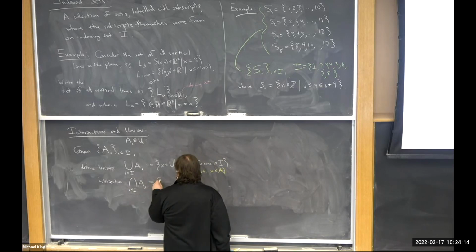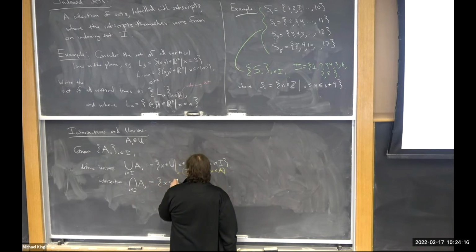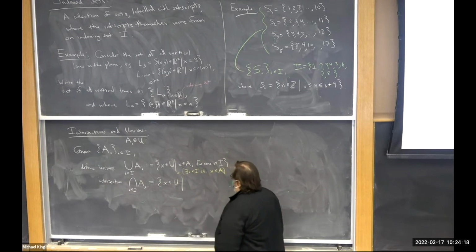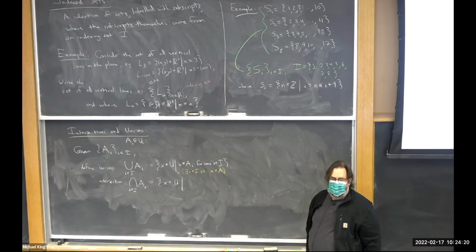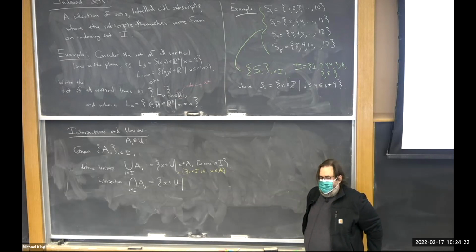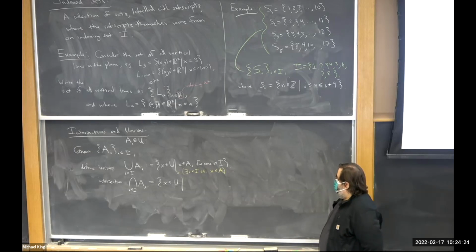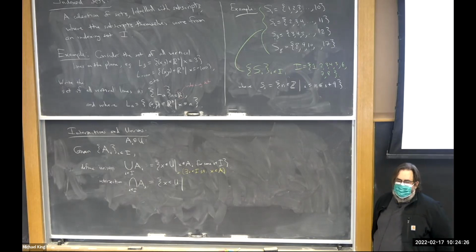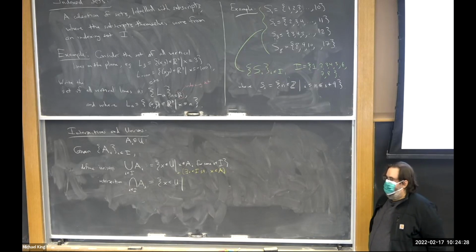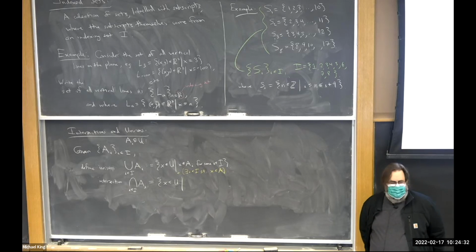So can you guys tell me what this is going to be? The x in U such that the intersection. Yeah, it's just for all now, right? Because it's intersection.